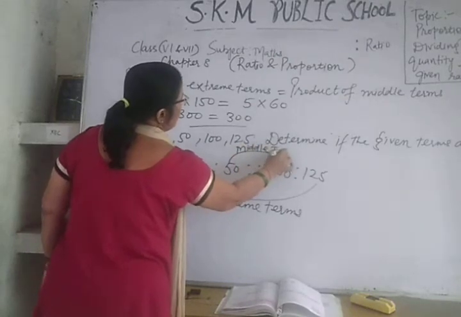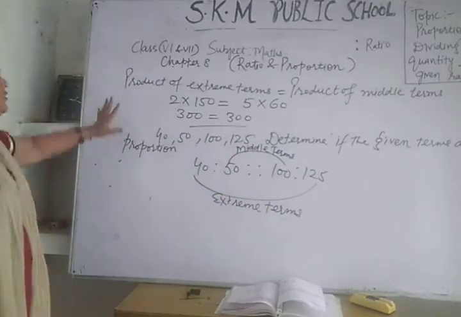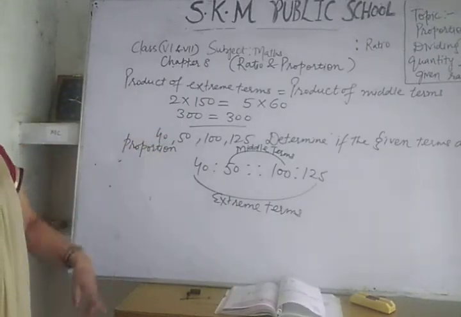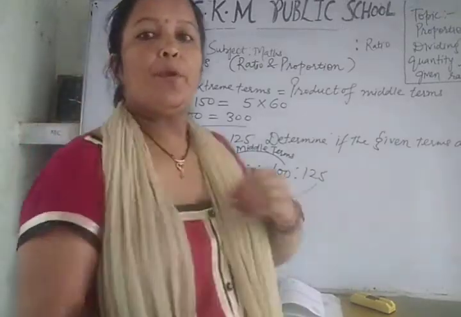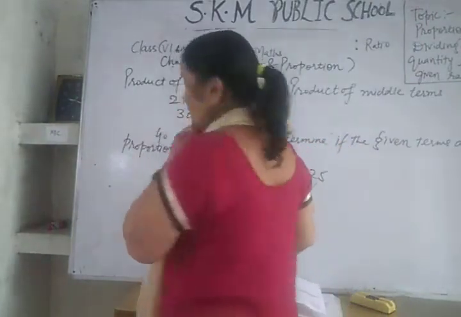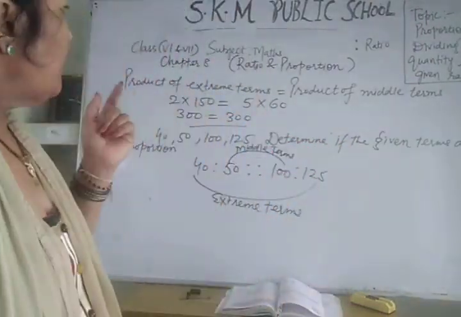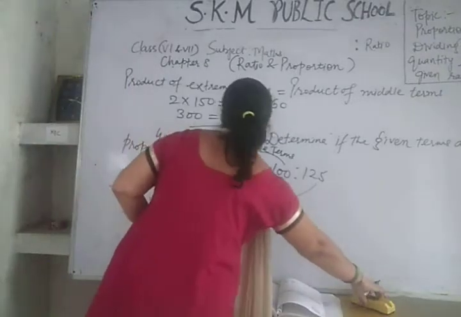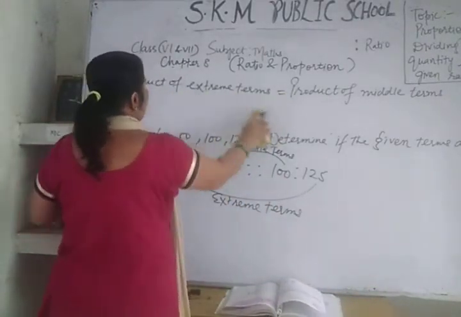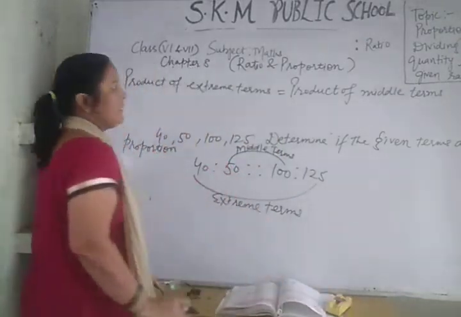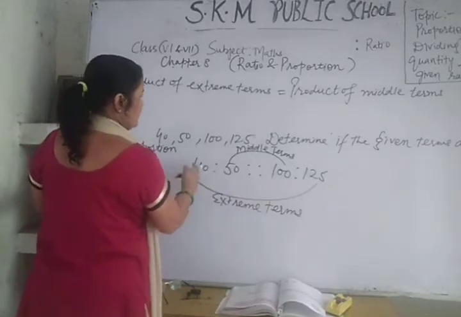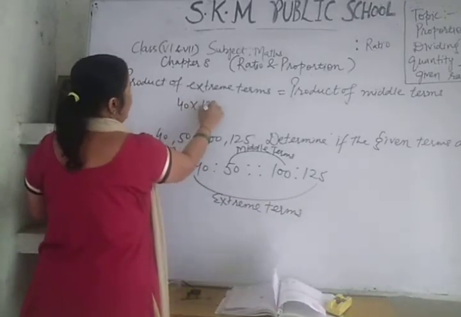According to the formula, the product of the extreme terms will be equal to the product of the middle terms. So multiply the extreme terms, 40 and 125.